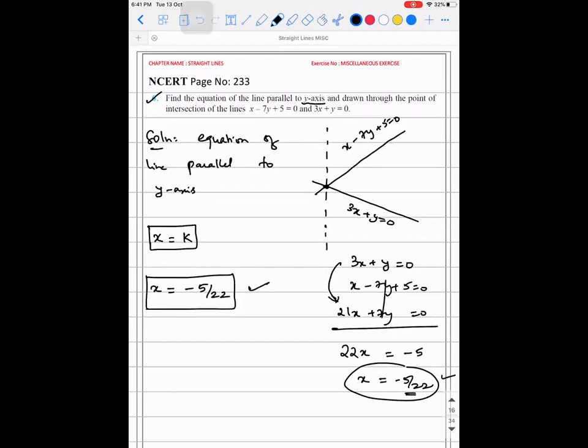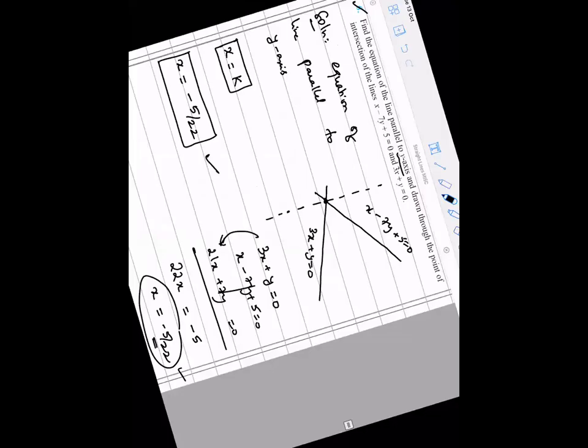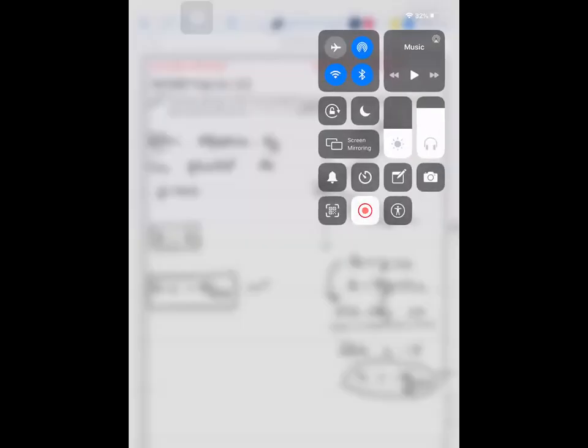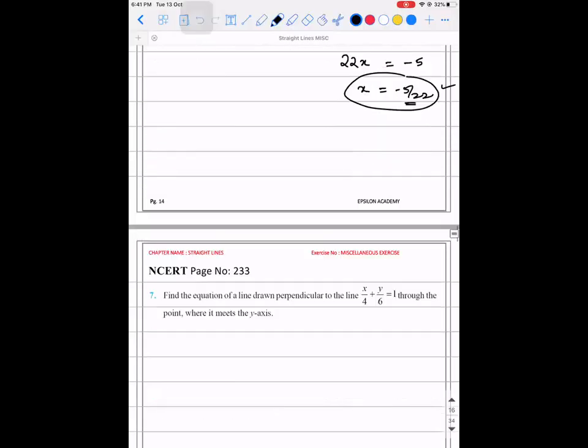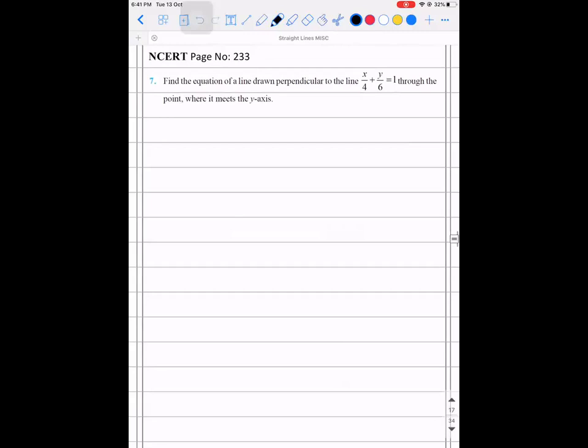This is a simple one actually. If it is tough or something is confusing you, please ask. Next. Find the equation of the line drawn perpendicular to this line through the point where it meets the y-axis.